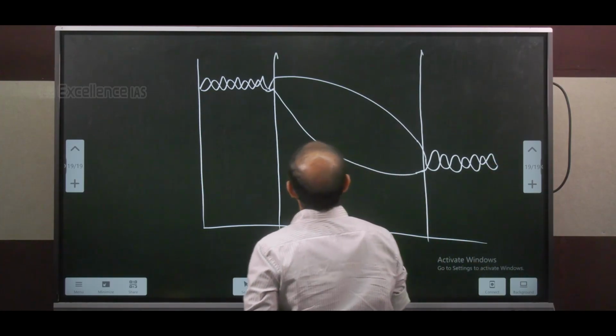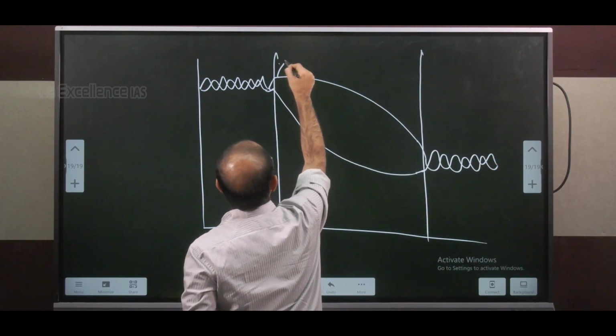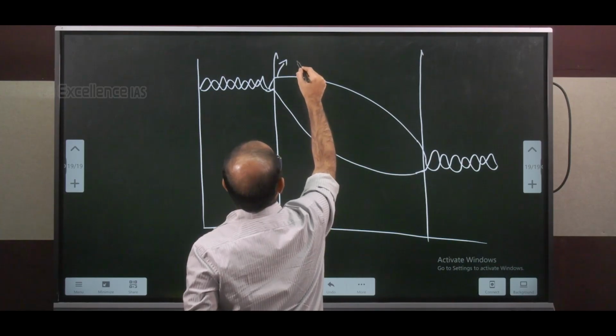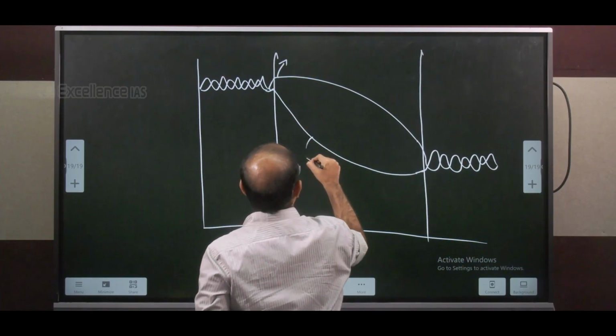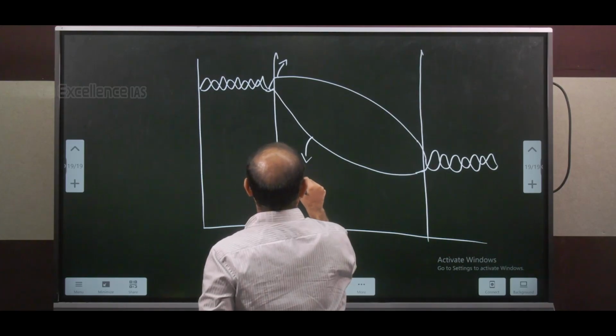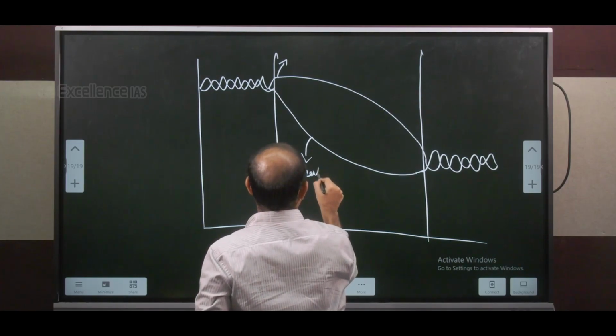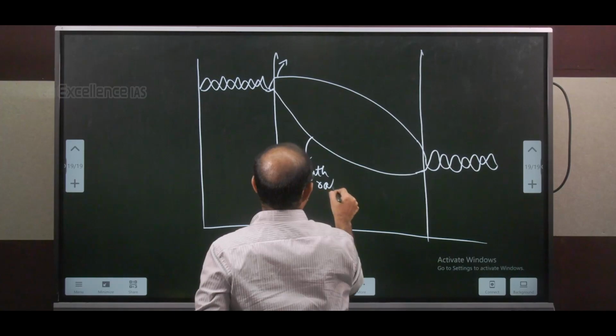So this is stage 3. In stage 1, first death rate declines. So this is death rate.